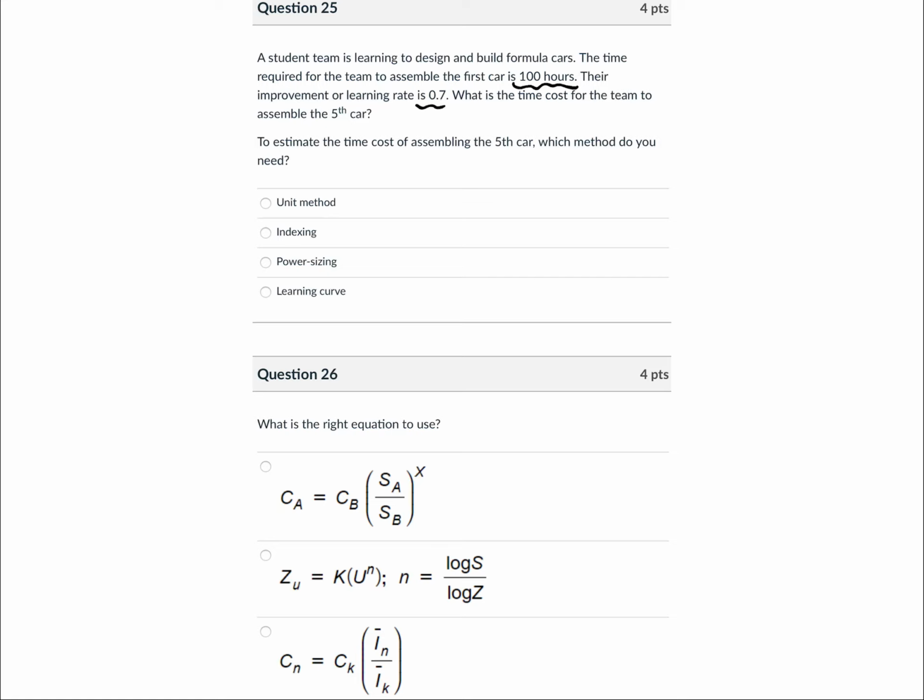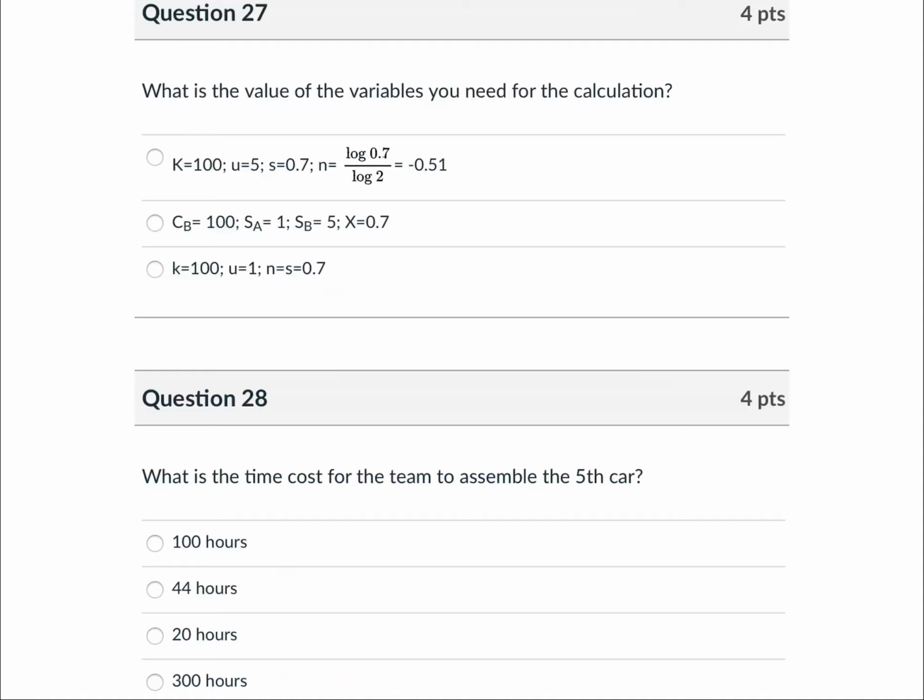Well, it's very obvious, talking about learning rate, so it's a learning curve method. Okay, and the formula for this learning curve method is gonna be this one.